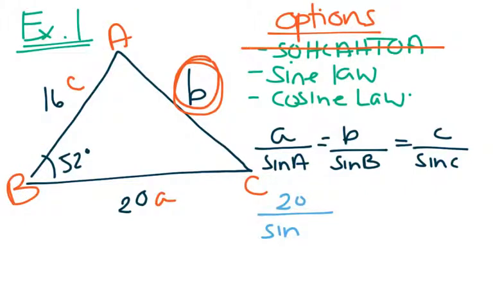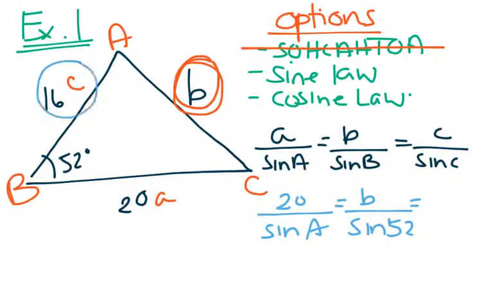So I'm just going to put sine A equals little b. We do not have little b, so I'm just going to write little b over sine big B. We've got it, it's 52. Equals little c, we've got it, 16, over sine of big C. We do not have that angle, so I'm just going to write big C.